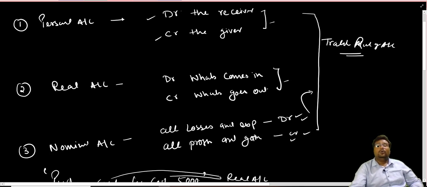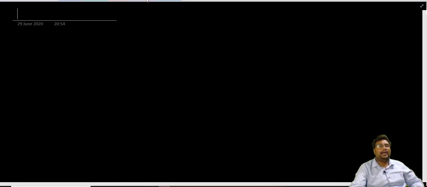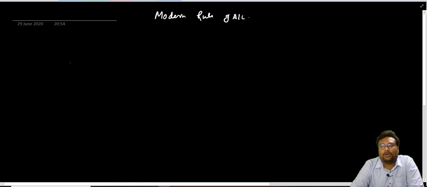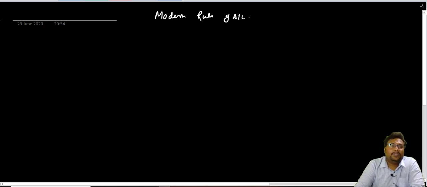Now, shift to the modern rules of account. So we have some modern rules of account, and understand this modern rule of account. We have 5 categories. One is assets account.